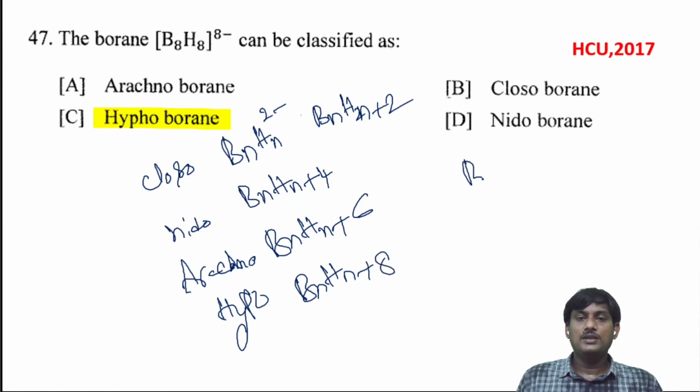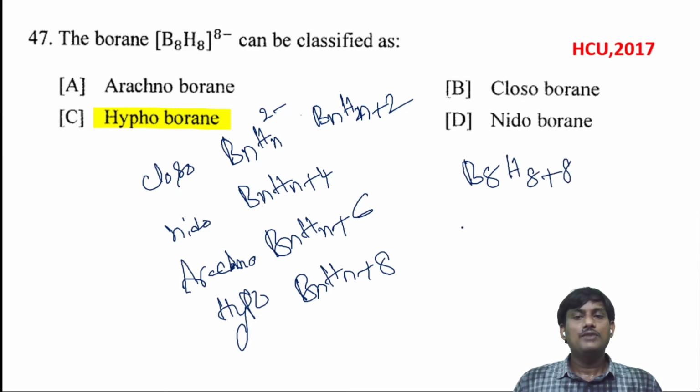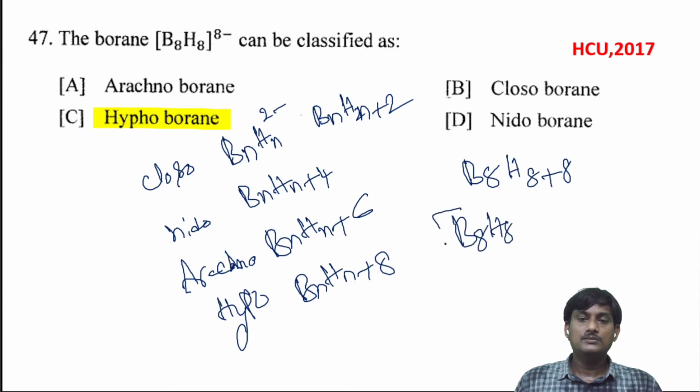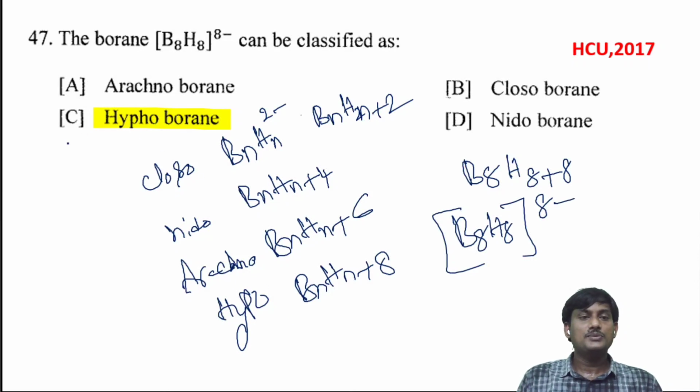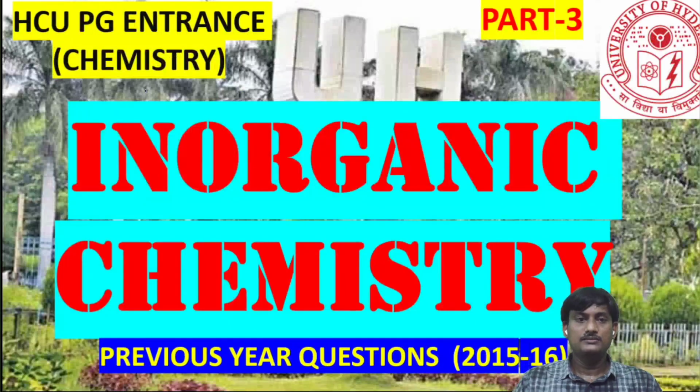Let's take B8 and Hn plus 8, so 8 plus 8 is 16. When you remove 8 hydrogens, you will get B8H8 8 minus. So the correct option is hypho borane.